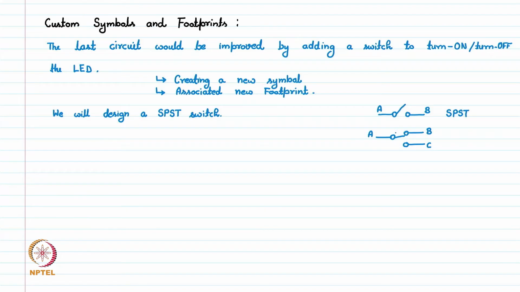When we move this switch, one connection will be terminated from A to B and the other will be made from A to C. So in one movement, two connections are affected: B will be disconnected and C will be connected. So we call it an SPDT switch.